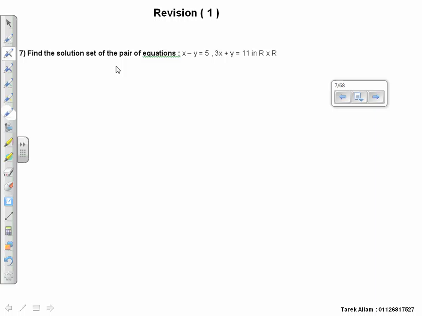Question number 7. Find the solution set of the pair of the equations x minus y equal 5 and 3x plus y equal 11 in R times R. Very well. Let's add the two equations to find the solution set. We will get rid of the value of y by adding, because negative y vanishes positive y, and x plus 3x equal 4x equal 5 plus 11 equal 16.